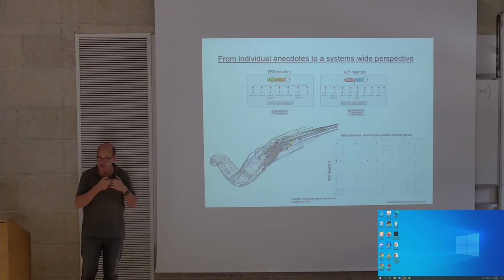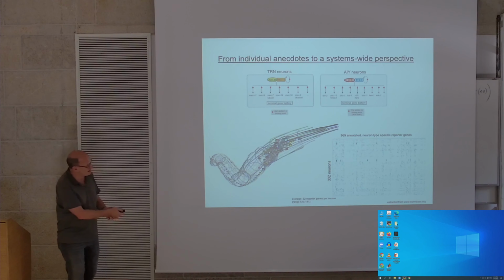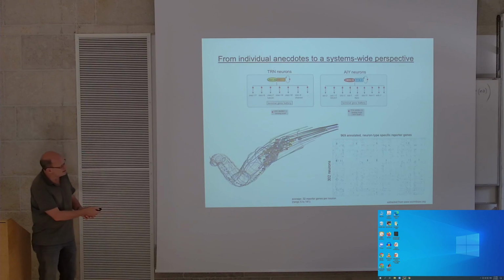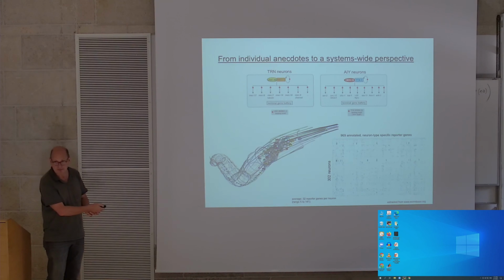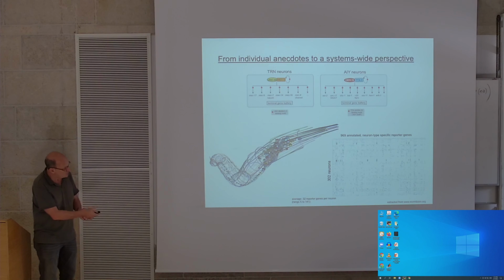This data will go into a database, and you can extract this information from the database, and you will see that for almost 1,000 genes, GFP reporters have been described where people have really bothered to look where in the nervous system these genes are expressed. So each blue dot indicates an expression pattern, and each row is a neuron, 302 neurons, 118 different types. And you will see for each neuron the expression profile of these reporter genes.